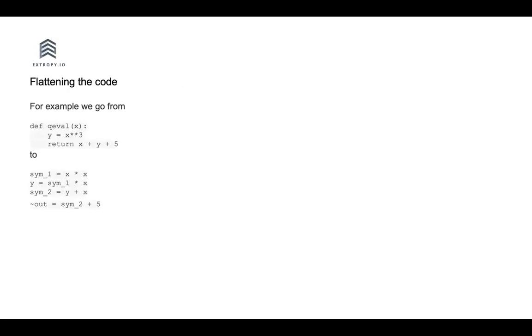The flattening the code, this code is the kind of thing that you would write if you use ZoKrates to create your proof. So you would write a function like this. It looks a bit like Python, but you would have some function, and this is effectively evaluating x cubed plus x plus 5, so a polynomial in x that you input.